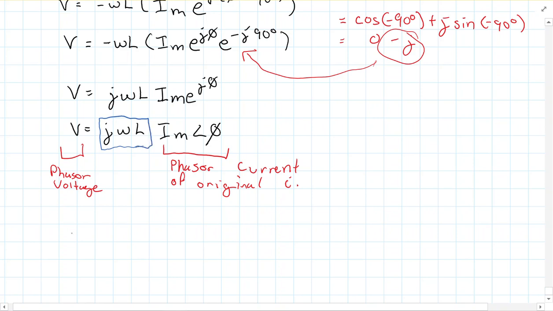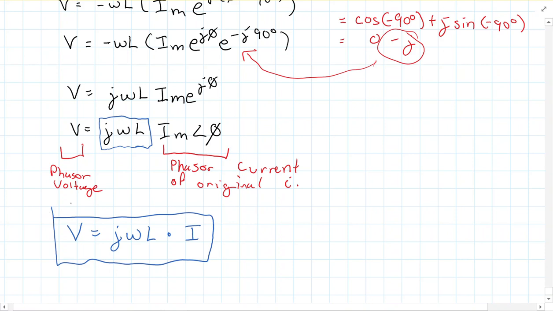These are all numbers that we know. And so really what we wind up with here, and this is the key thing here, I'm going to star this, is we have j omega L times I. So this is a very important thing to notice here. And so we have an Ohm's law, I'll put it in quotes, relationship here. I mean, it's not Ohm's law.